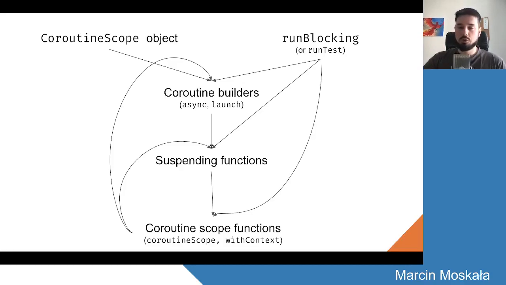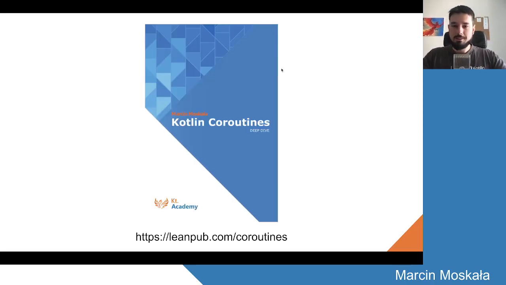Although it's very useful for showing simple cases, for crude examples, and also for unit testing: runBlocking for a regular call, or runTest to call it in a context operating on a virtual time, which gives us some extra capabilities for testing.